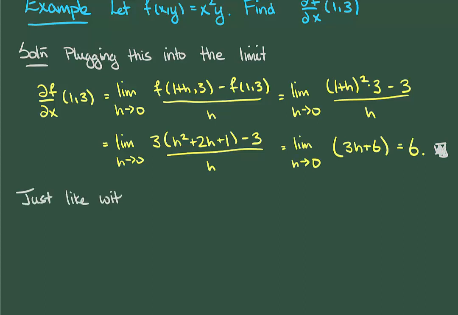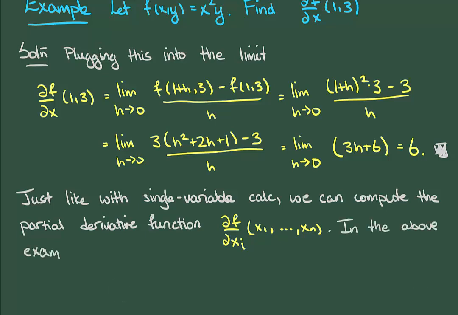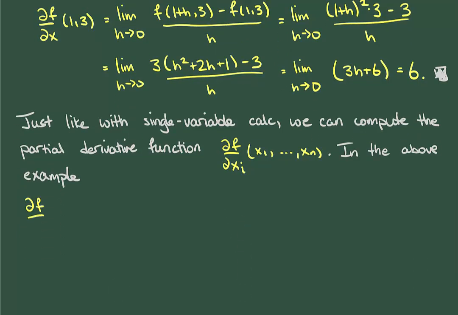So that wasn't too bad, but we can save ourselves a bit of time by defining the partial derivative function, just like we did in single variable calculus. To do this, we compute the limit, but we leave the variables in terms of x and y instead of substituting in numbers. Let's repeat the above example, but now compute it for general x and y.